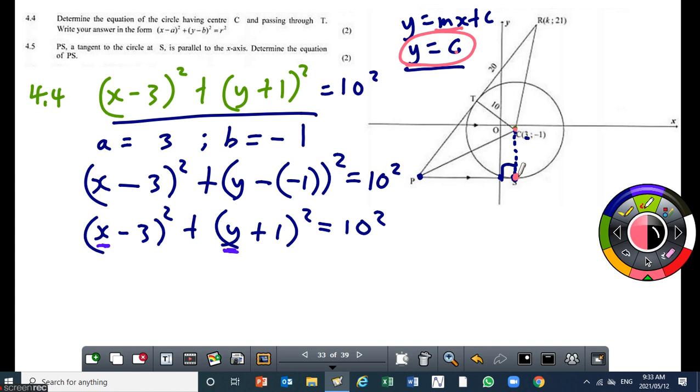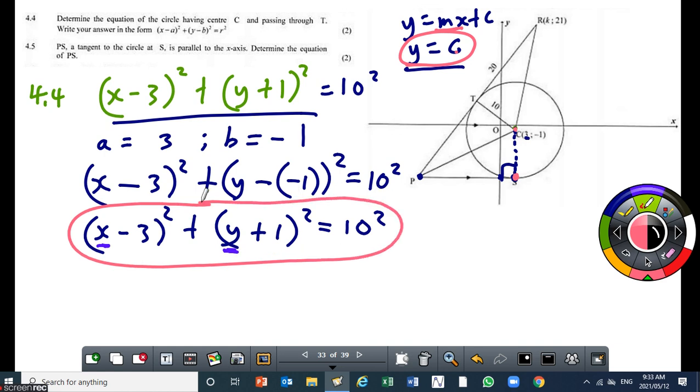Therefore, we can calculate the value of y at point S by substituting the value of x into this equation. So where there is x, we put 3, because we want to find a y value at S.